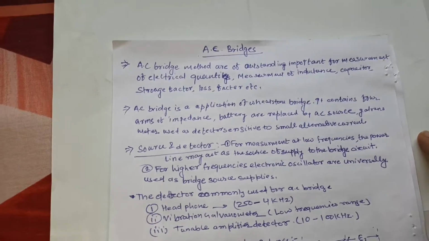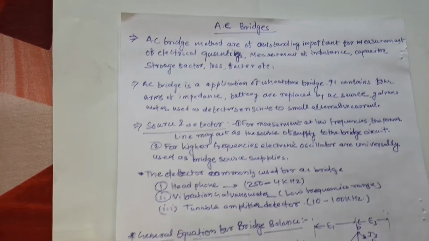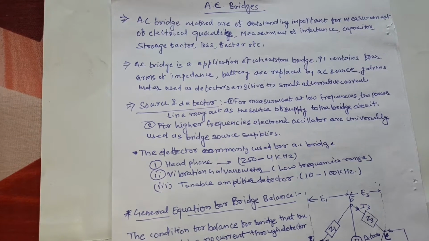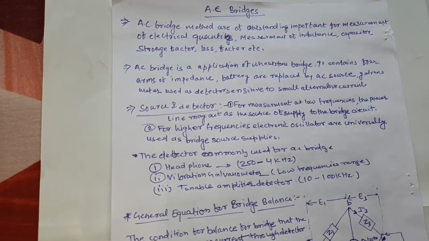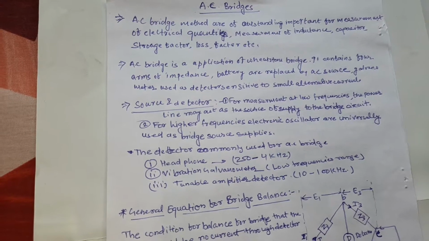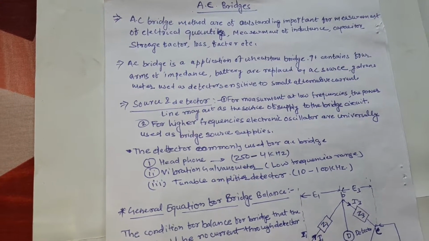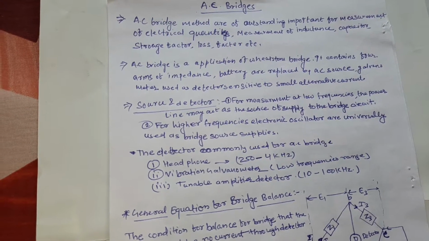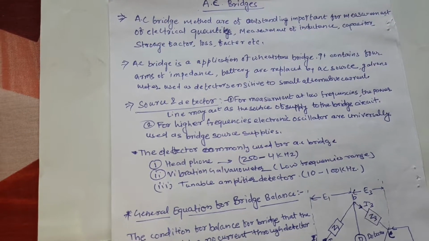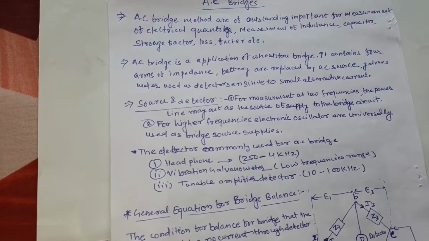If you compare the AC bridge with the Wheatstone bridge, it contains 4 arms. In the Wheatstone bridge, each arm has a resistance. In the AC bridge, each arm has an impedance, which is a combination of resistance, inductance, and capacitors, and the battery is replaced by the AC source.